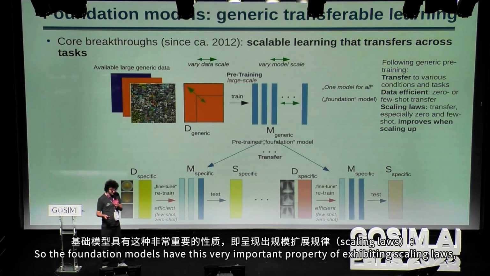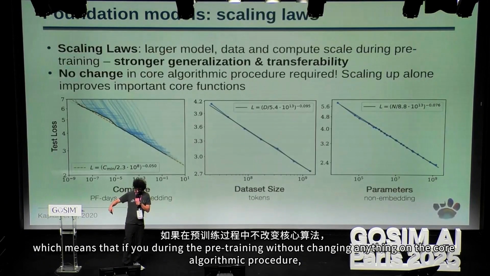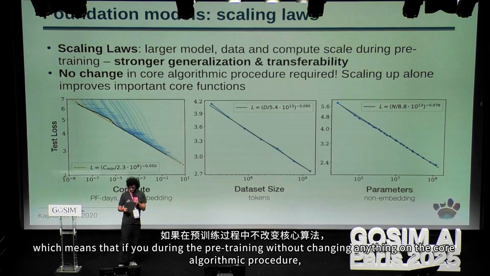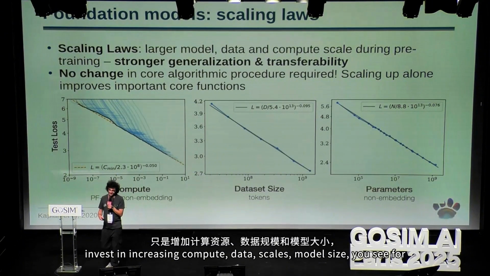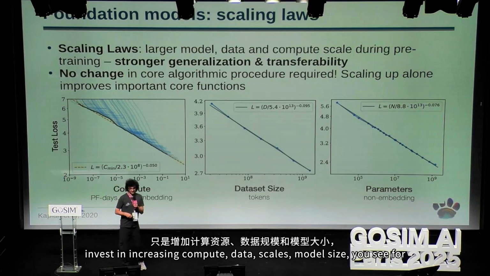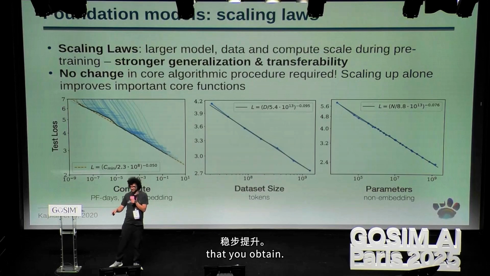So the foundation models have this very important property of exhibiting scaling laws, which means that if you, during the pre-training, without changing anything in the core algorithmic procedure, invest in increasing compute, data, scales, model size, you see for certain types of algorithms a steady improvement in important characteristics of the model that you obtain.